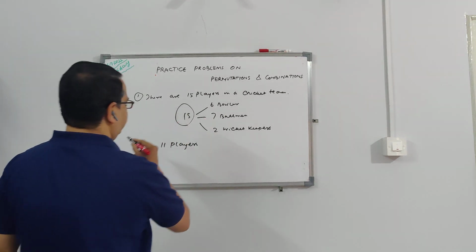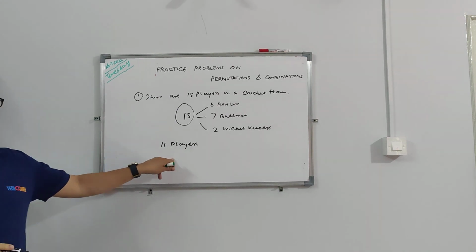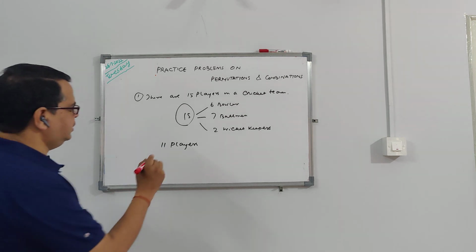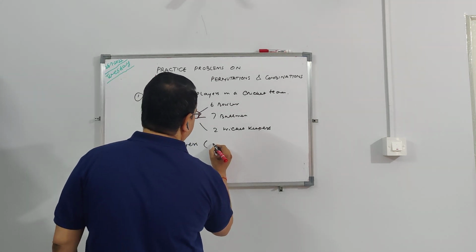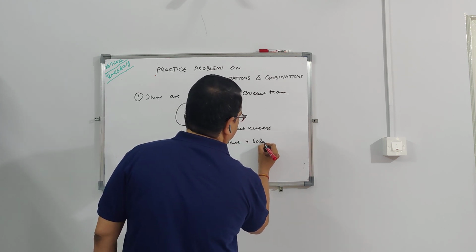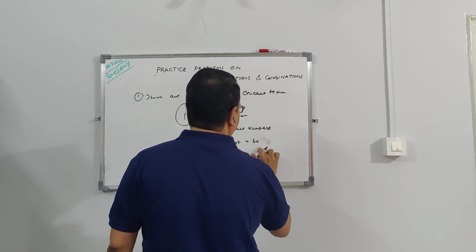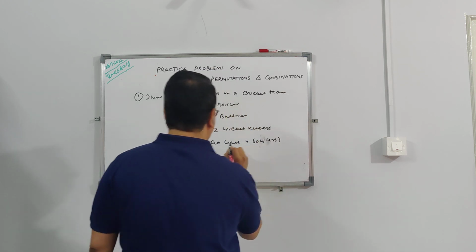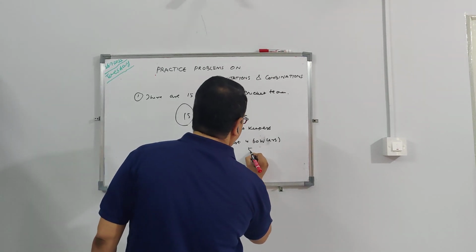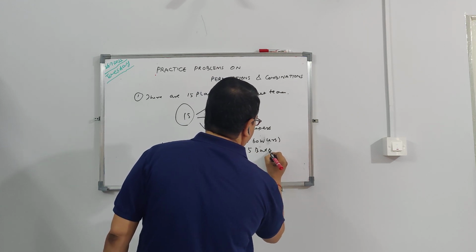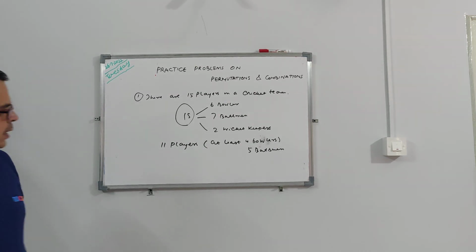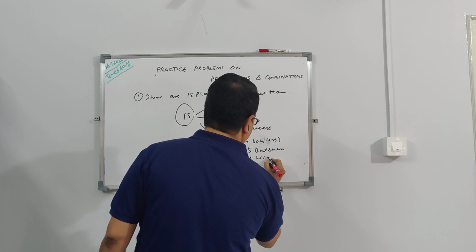So you have 15 players, out of which you are selecting 11 players with the condition that you have at least 4 bowlers, at least 5 batsmen, and 1 wicket keeper.